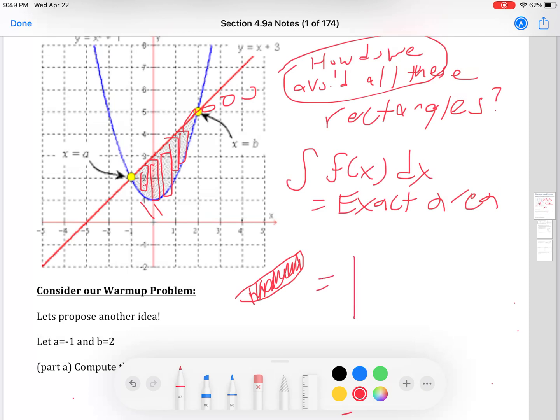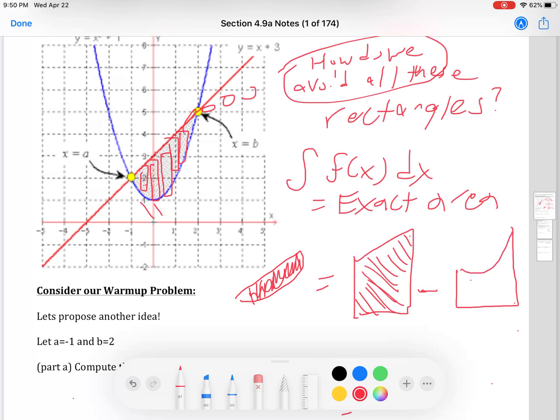What if we took the total area of this trapezoid, and then subtracted an area that we knew how to do with just a regular integral, the area under the curve?